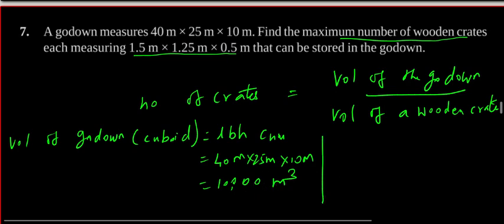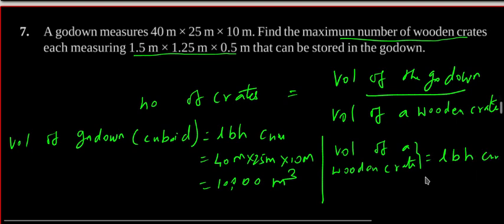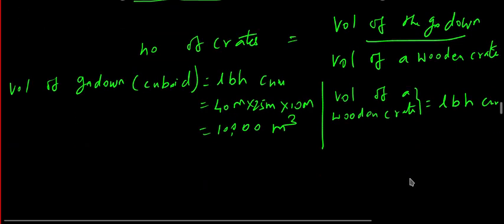Now we will find the volume of a wooden crate. For this also the dimensions are different. So L into B into H, cubic unit only. It is also in the shape of a cuboid.